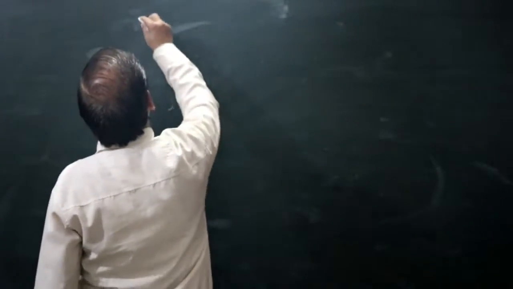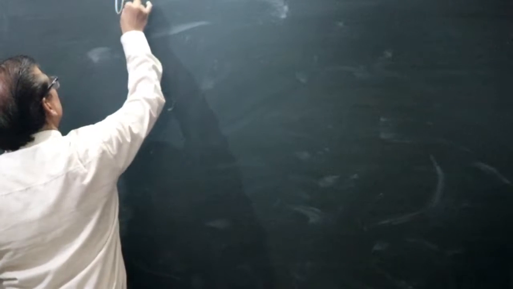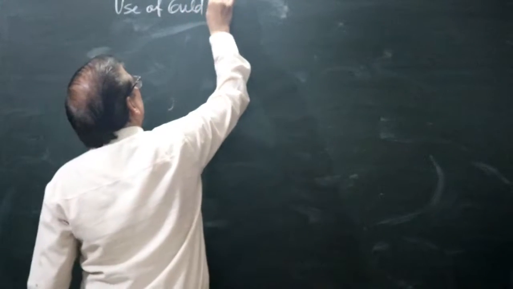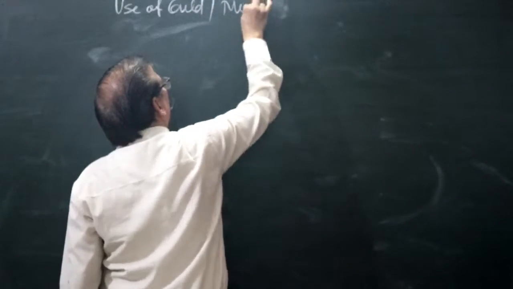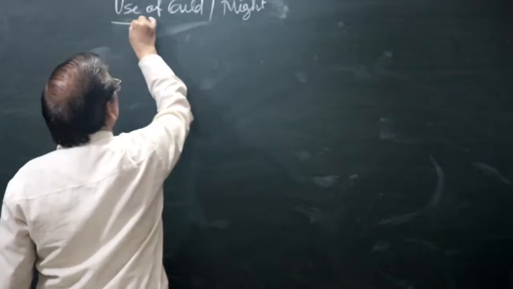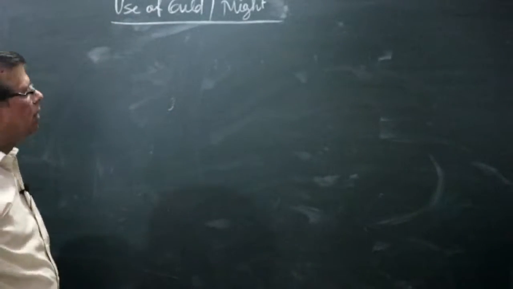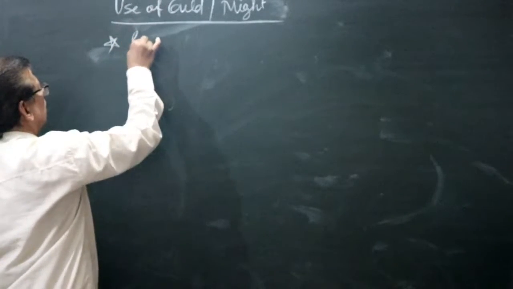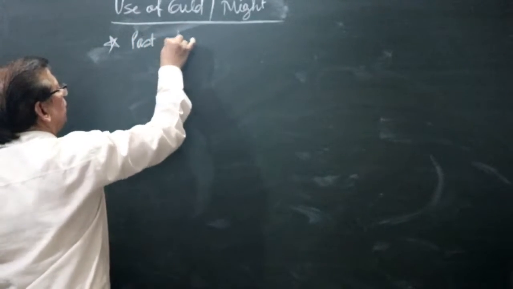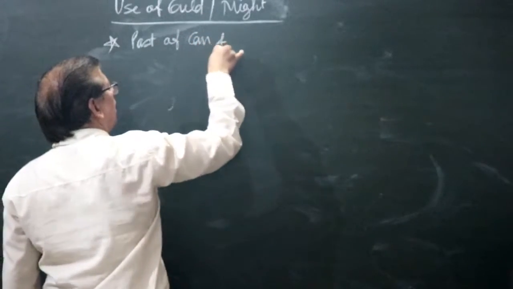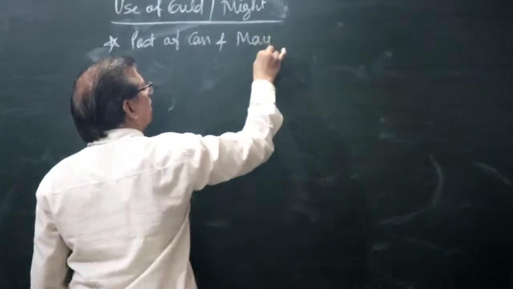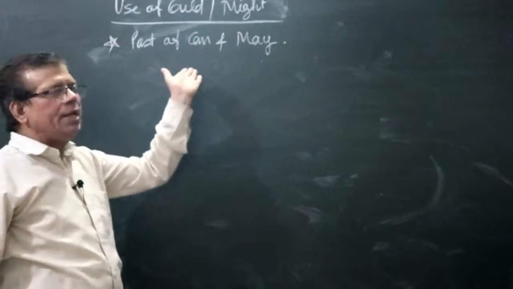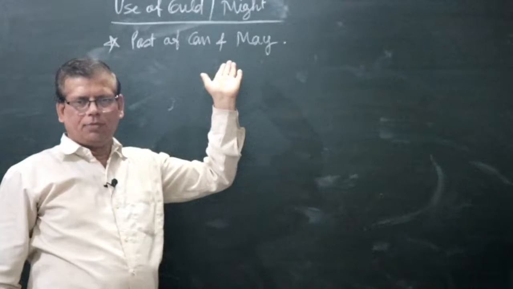Number one, both are the past of can and may respectively. In the past form, in indirect narration, we use them.